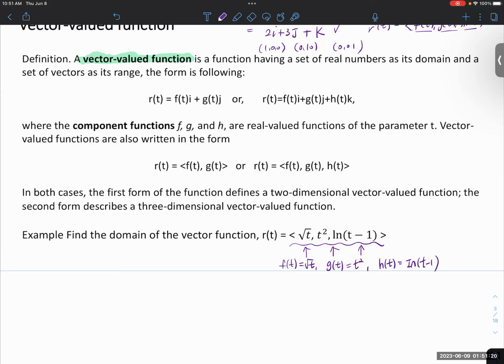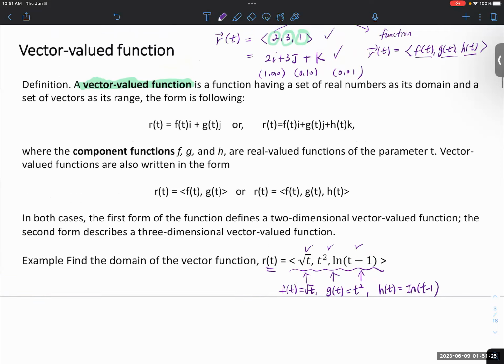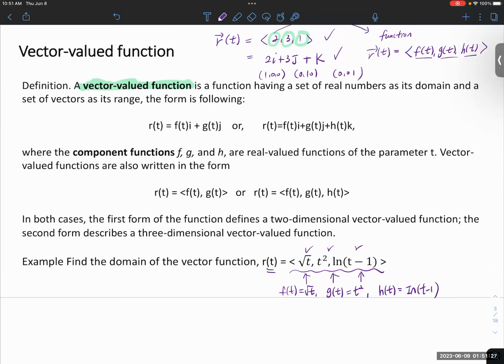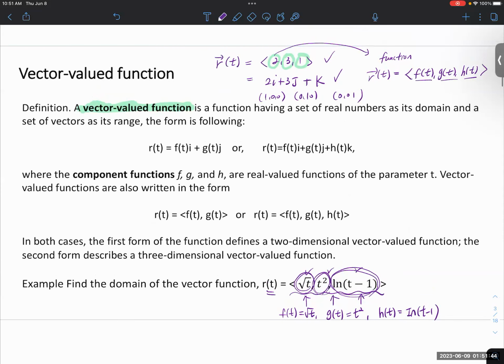So as t is changing, each component is changing. This is exactly the relationship between input and output. Each component has another function form, so depending on the t, the f, g, h functions are going to be changing. So that's what the vector valued function is. It's not a single number. Each component has a function form.